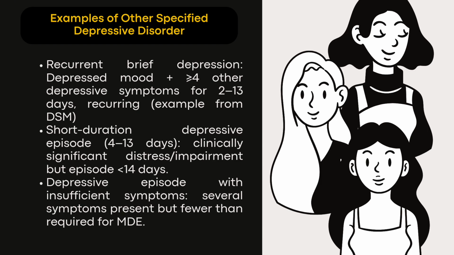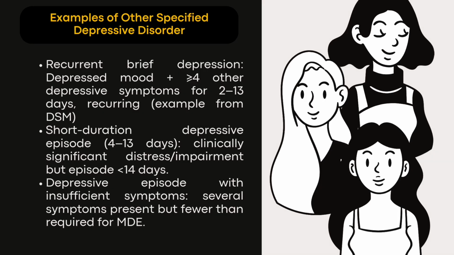We also have depressive episode with insufficient symptoms, where a person has only 2 or 3 symptoms, such as low energy, insomnia, or hopelessness, but not the required 5 symptoms. These examples show that depression can present in different ways, and these categories make sure those cases are not ignored.